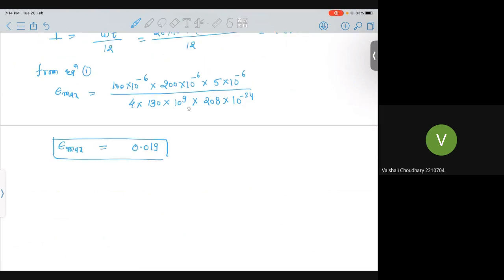Now we know the gauge factor and we know the maximum strain. So the change in resistance, which is delta R by R, can be written as the gauge factor times this. So the gauge factor is 50 and this is 0.019.